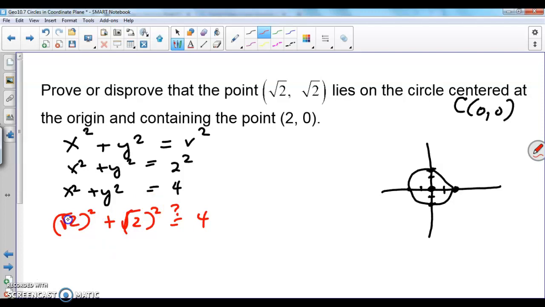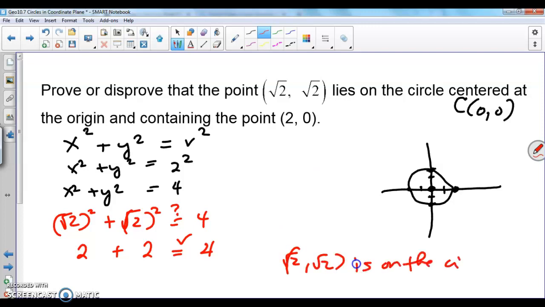So, if you square a radical, the radical disappears. So this is 2. Do the same thing. So that's 2. And yes, okay, 2 plus 2 is equal to 4. So since the left and right hand sides of the equation match, then we know that radical 2 is on the circle.